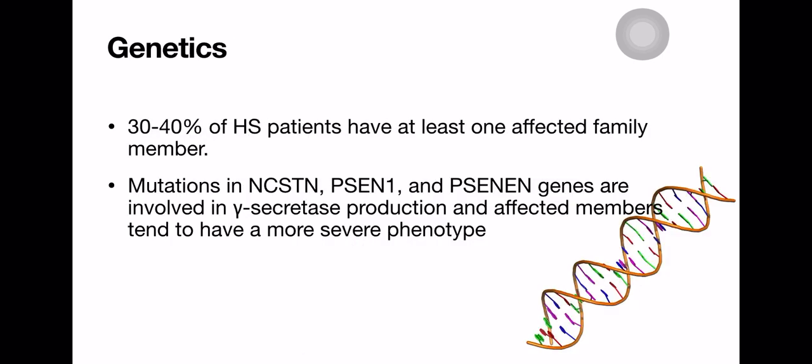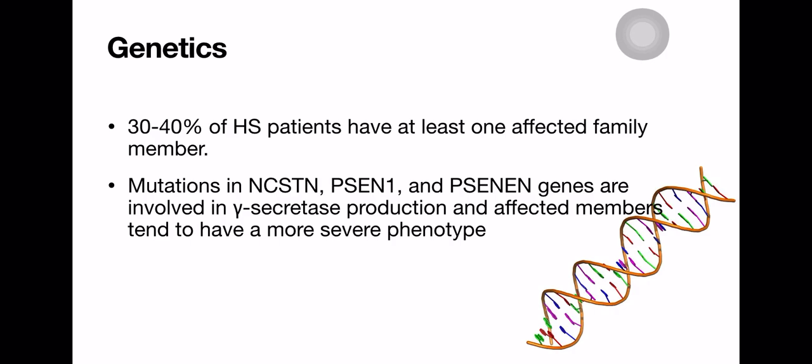Next would be the role of genetics in HS. So 30 to 40% of HS patients have at least one affected family member, supporting a genetic predisposition.